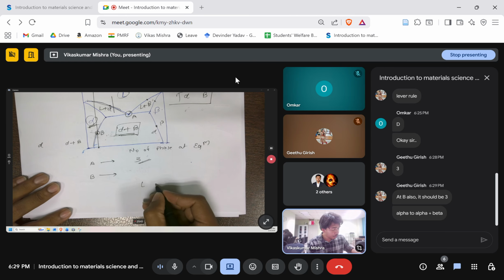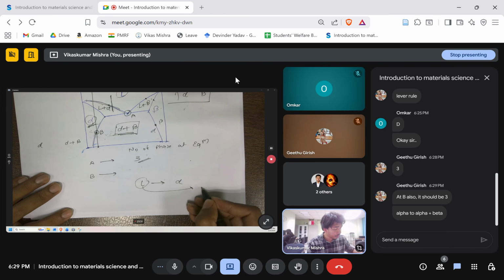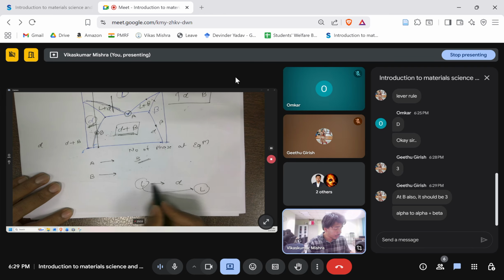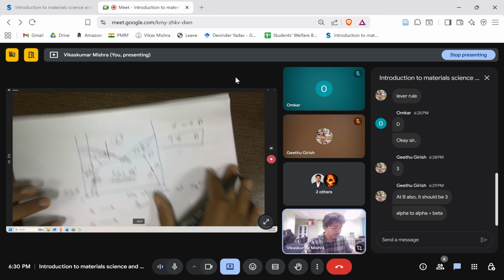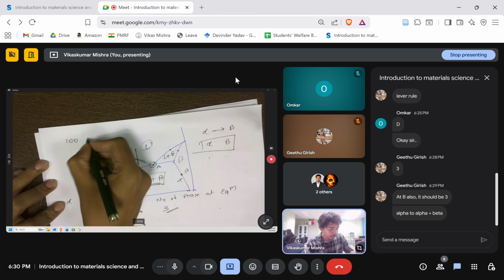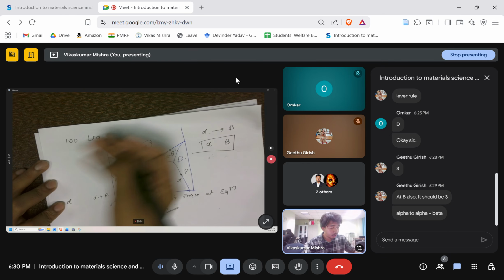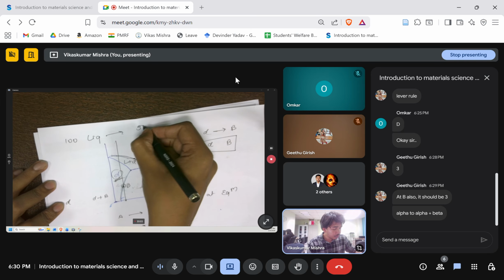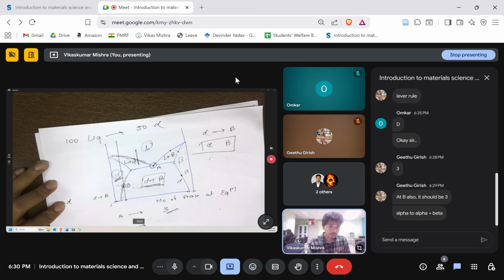Liquid was there. Liquid was transforming to the alpha at this particular thing. So whatever is the leftover liquid is nothing but the initial liquid itself. It's like the entire transformation has not been completed yet. Let's say we had 100% liquid, and out of that 50% got converted to the alpha.